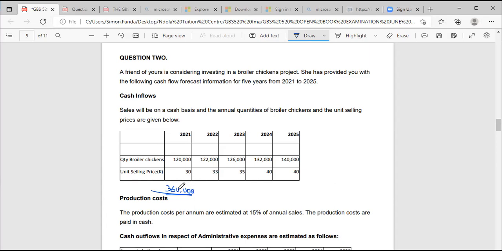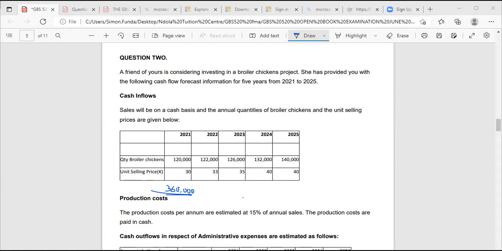Okay, if our calculation is correct, come to 2022, 122 times 33. Where is the calculator? Okay, we didn't do a correct calculation on the first one in 2021.